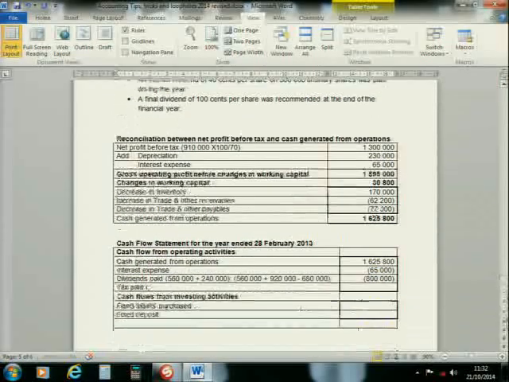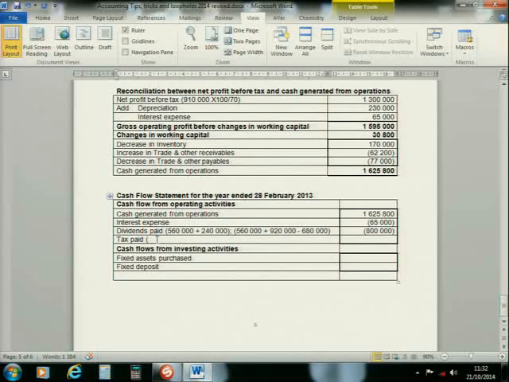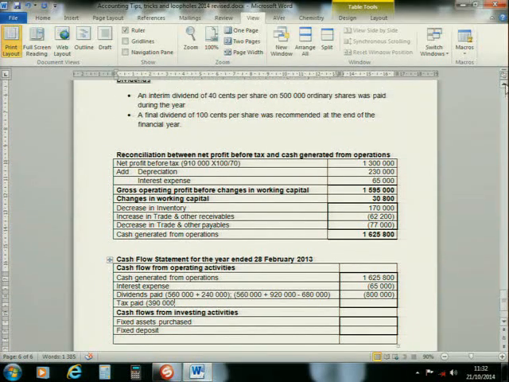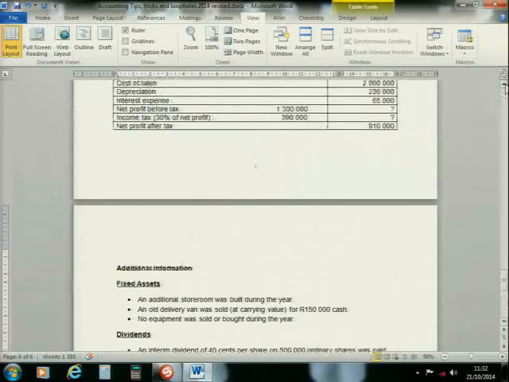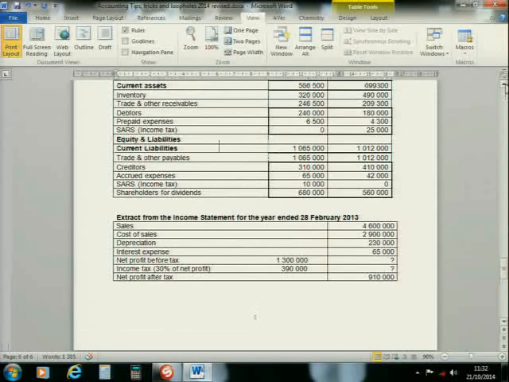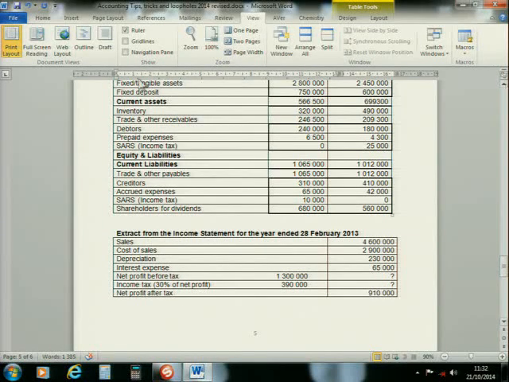We can start with it and say, in calculating taxation paid, we expected to pay 390. Let's go to our balance sheet and notes to financial statements and check your income tax. SARS income tax comes under trade and other receivables, right?